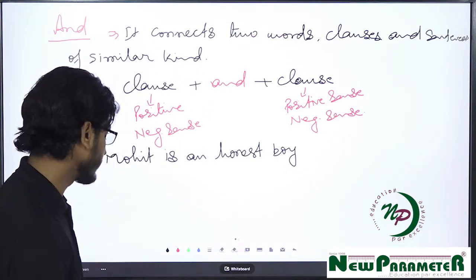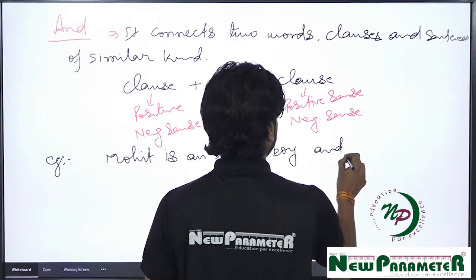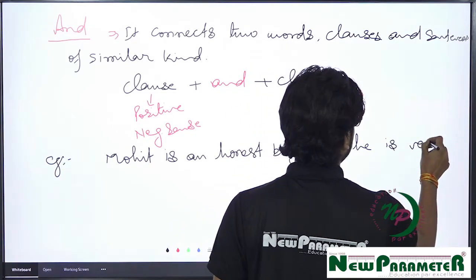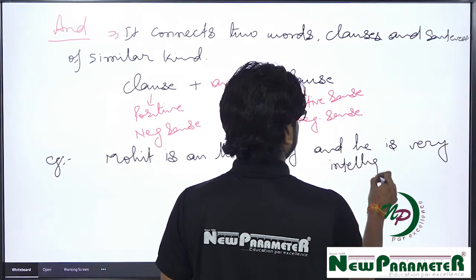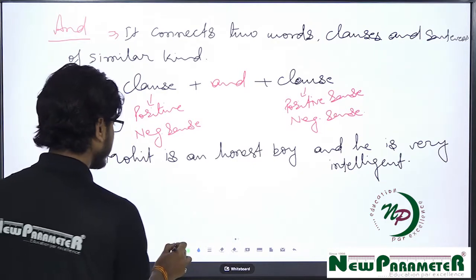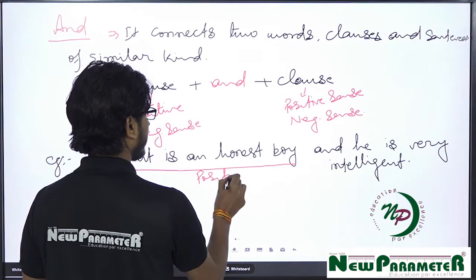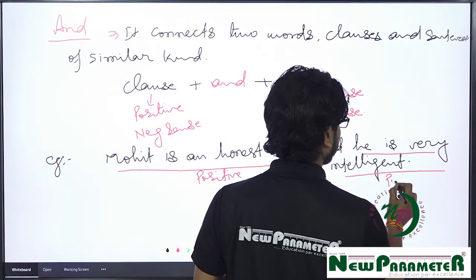Mohit is an honest boy and he is very intelligent. It also gives you a positive sense. Means we can say this gives you a positive sense and this also gives you a positive sense.